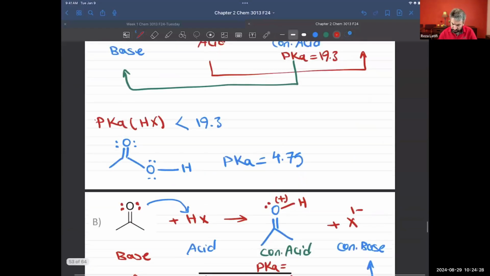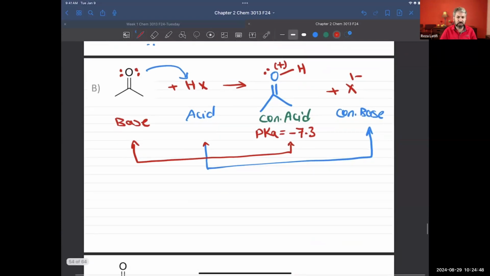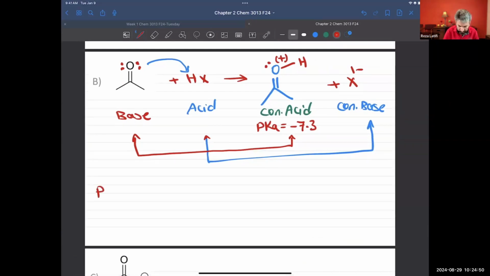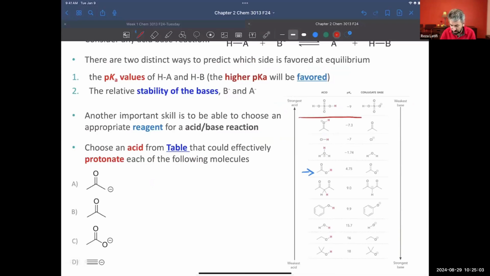If you want to give a proton to acetone, the starting compound or the base, you need to use a really strong acid, something that has a pKa less than minus 7. So the pKa of HX must be less than minus 7.3. Less than that number. And again, if we go to the table, this is the only acid that we have.